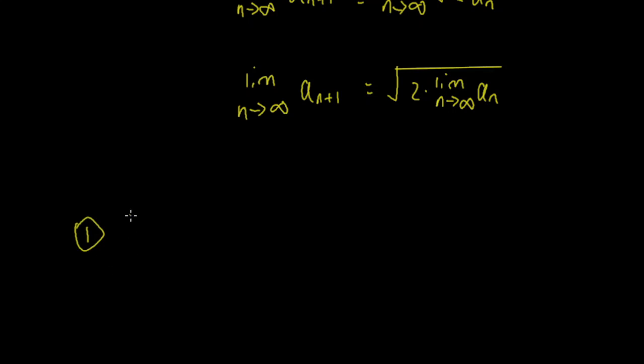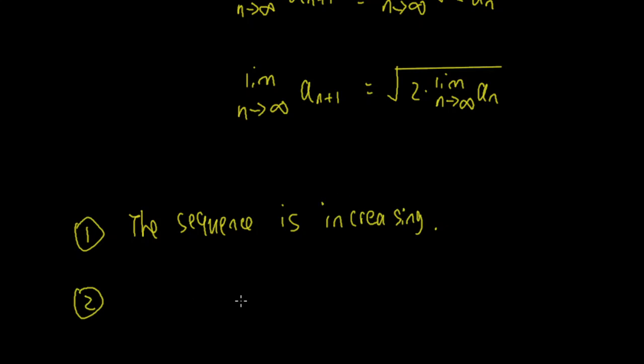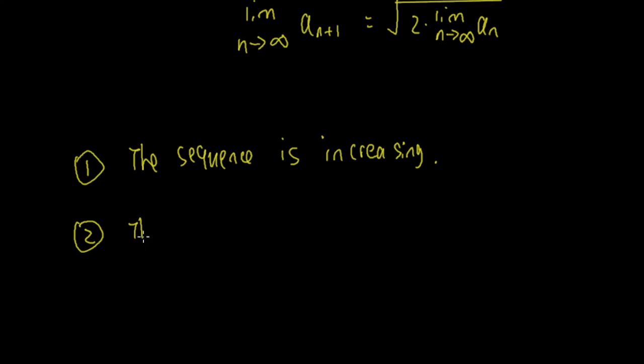Number 1, the sequence is increasing. Number 2, the sequence is approaching 2.